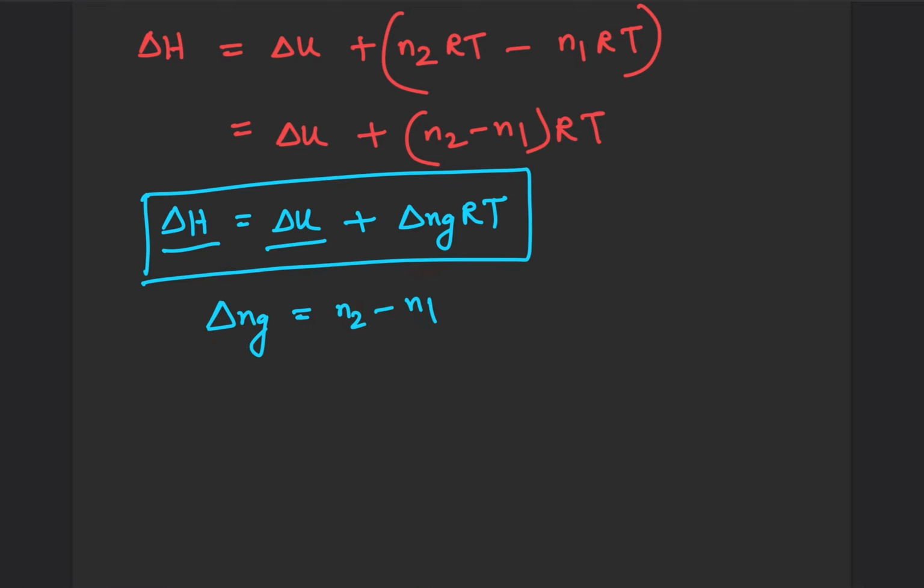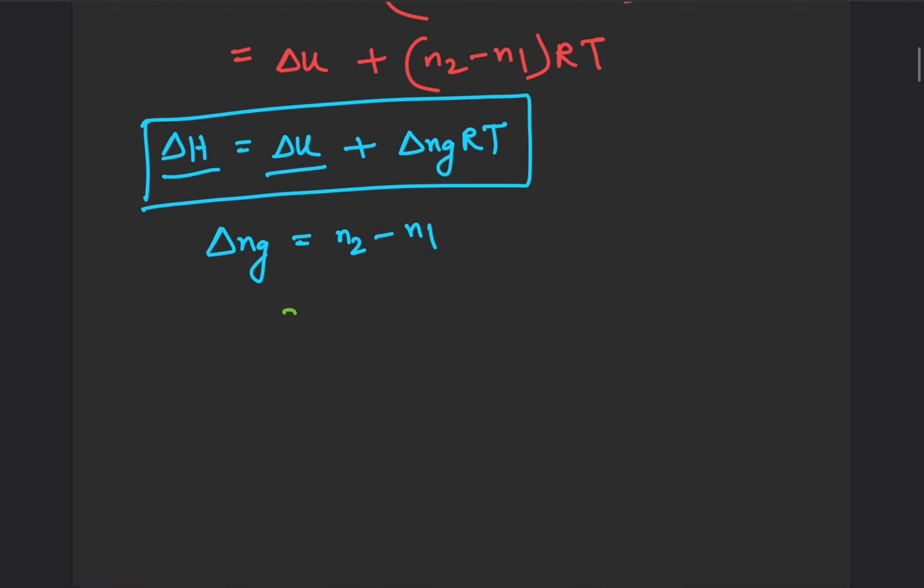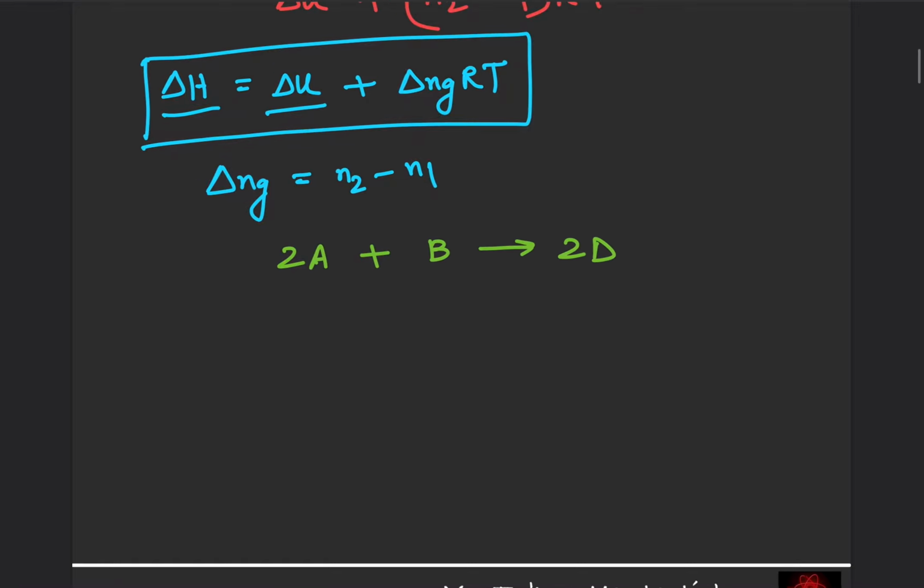So in our reaction, that is 2A plus B giving us 2D, you can see delta Ng will be equal to, in the products we have 2 moles of gaseous products, therefore N2 will be 2.